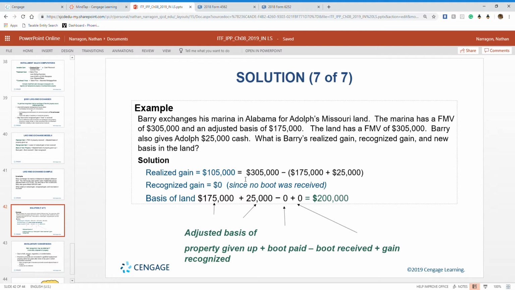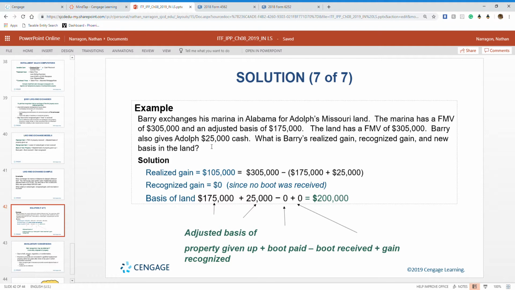Now, Adolph, his realized gain is going to be basically $305,000. I mean, basically that's his gain right there, because he basically only gave up land.